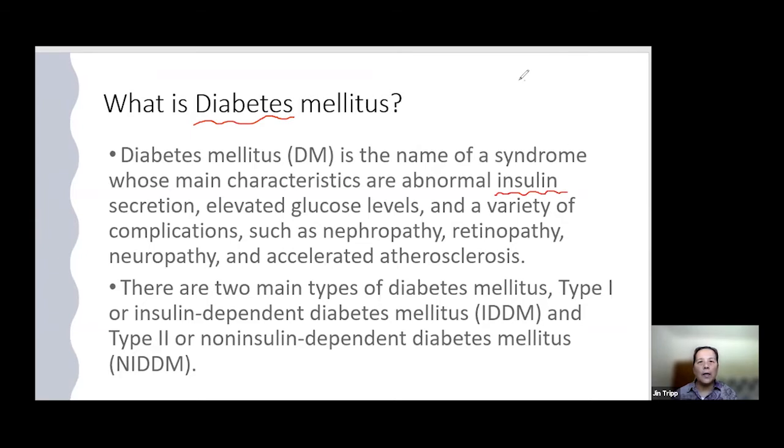So we just finished the digestion system last week. We know we have the pancreas. The pancreas belongs to two systems. One part is the endocrine system. Another part is the digestion system.